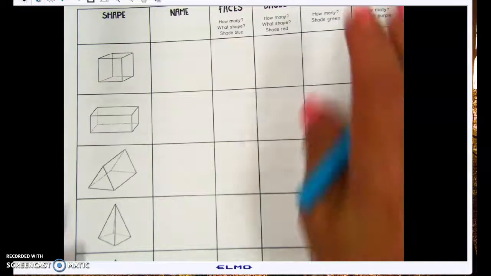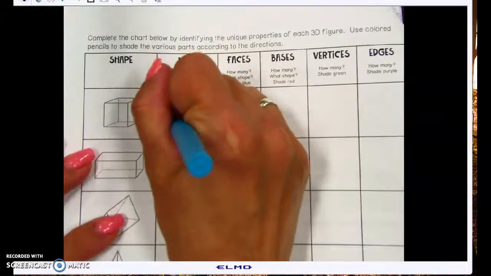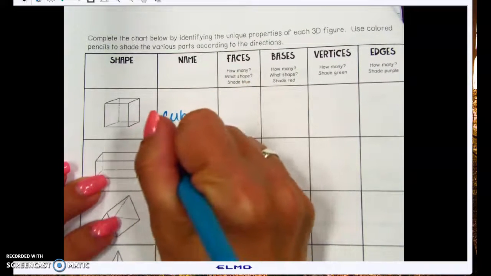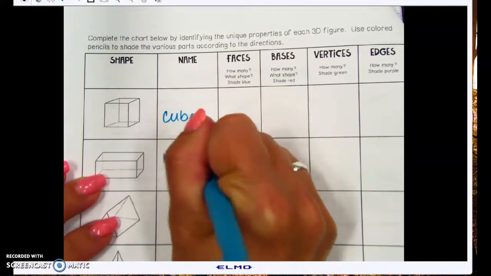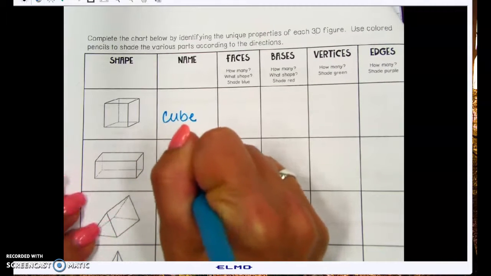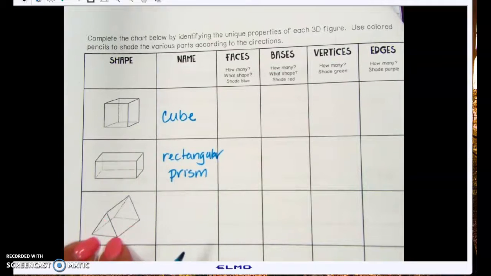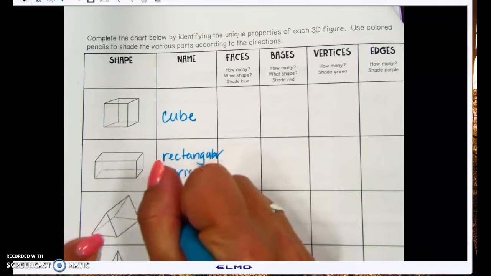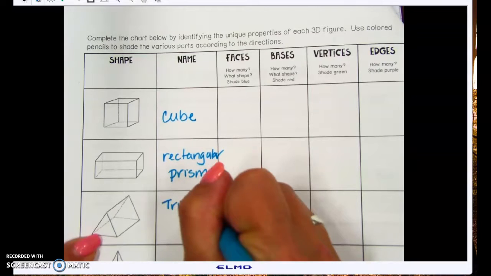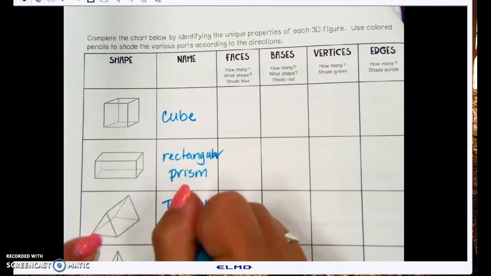So first off, let's take a look at this shape. We call this shape a cube. We call this shape a rectangular prism. We call this shape, now we have triangles and rectangles, but this one is called a triangular prism.